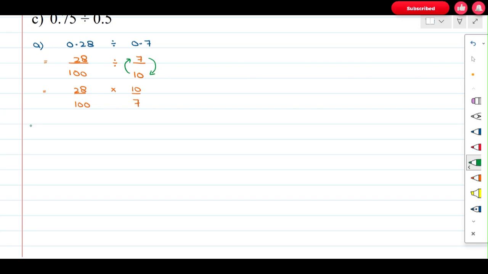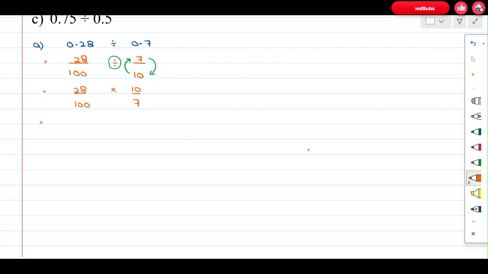This is the reciprocal, right? So in the first step, we convert the decimal into fraction by removing the decimal point. And in the second step, we change the division sign to multiplication sign. The first fraction stays the same, the second fraction is switched or the reciprocal, right?